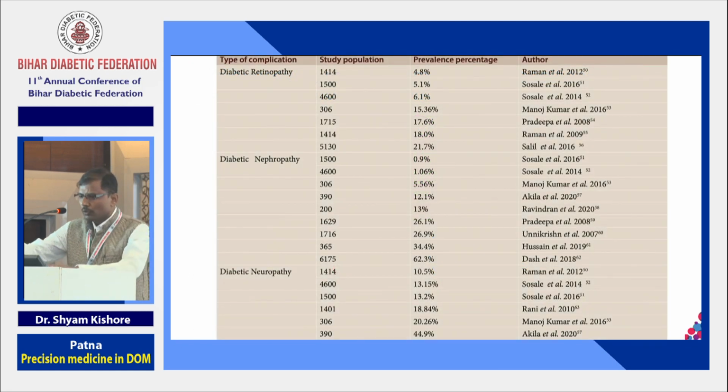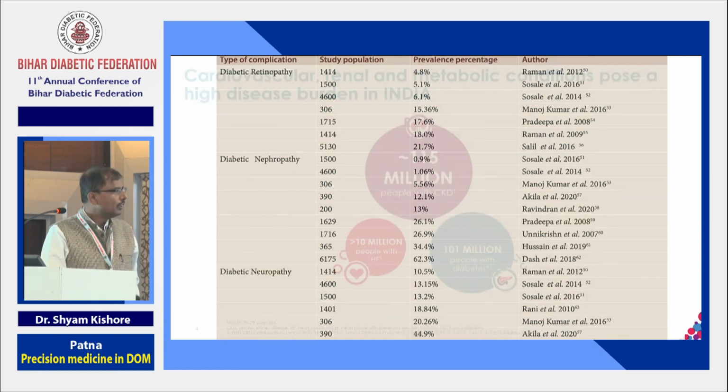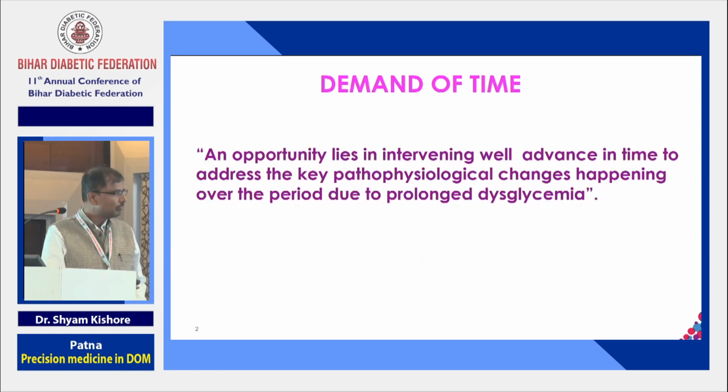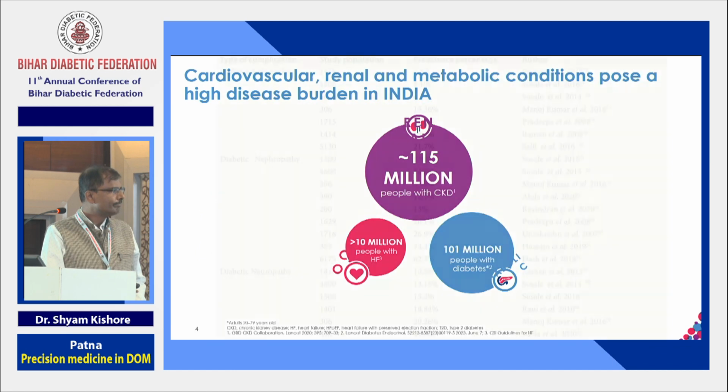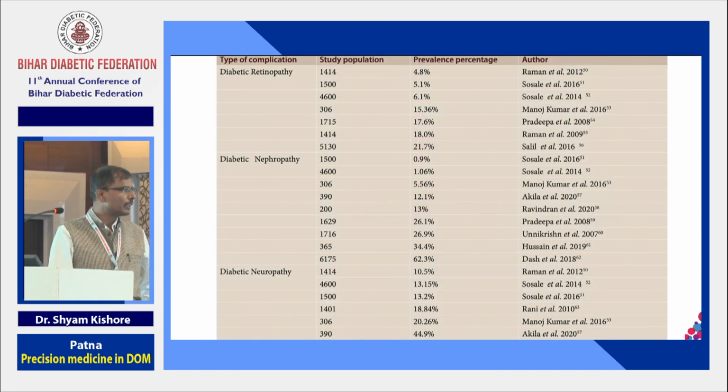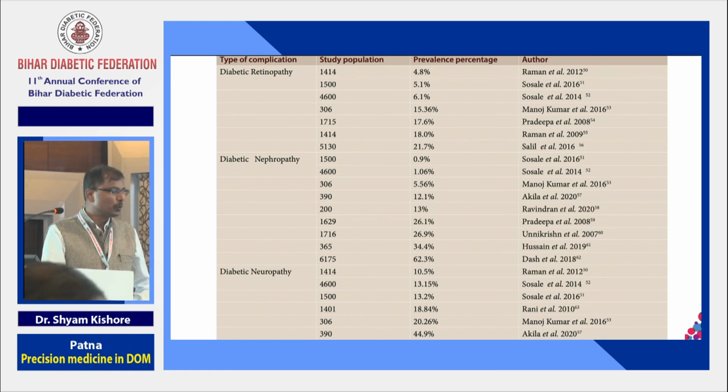So the epidemiology of diabetic nephropathy, if you see the different epidemiological data, it would be from 0.9% to 62.9%.